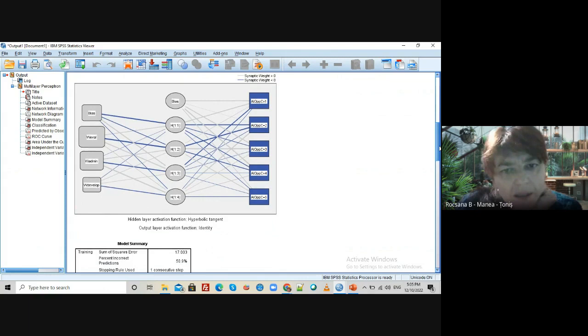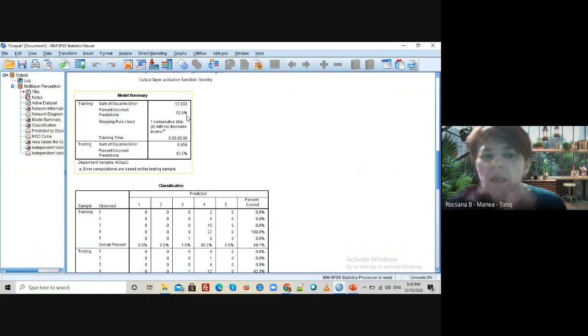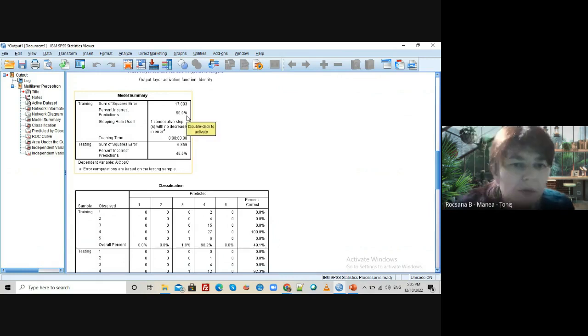Let's see here. For example, our model said that percent incorrect predictions are 50%. This is huge. Usually, incorrect prediction should be less than 5%, meaning that our model is not perfect.